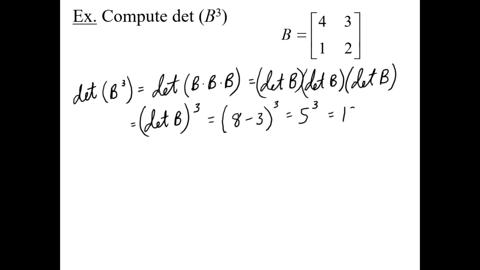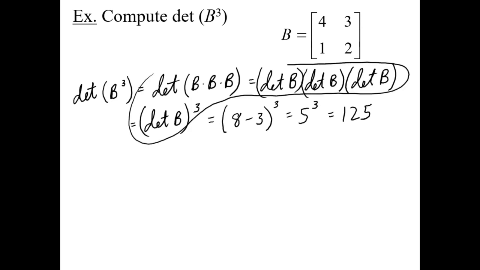So my final answer is 125. And by the way, you really don't need to write any of this stuff, right? This is just me explaining why I'm doing what I'm doing. But basically, the determinant of b cubed is the same as the determinant of b, and then cube the result. And certainly for a 2 by 2 matrix, that's a whole lot easier to do.